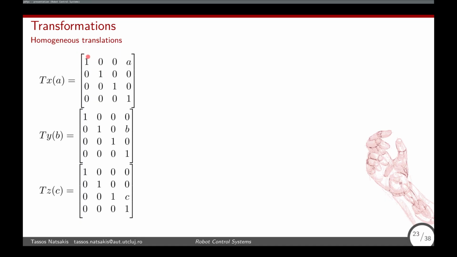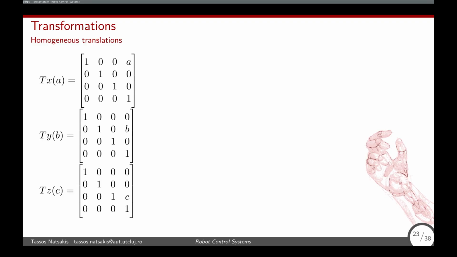The orientation matrix remains identity, since we're just translating, and we change one of these three numbers. The first one if we have translation on the red axis, the first axis, the second number on the second axis, and the third one on the third axis. As I said, typically first, second, and third is x, y, and z.